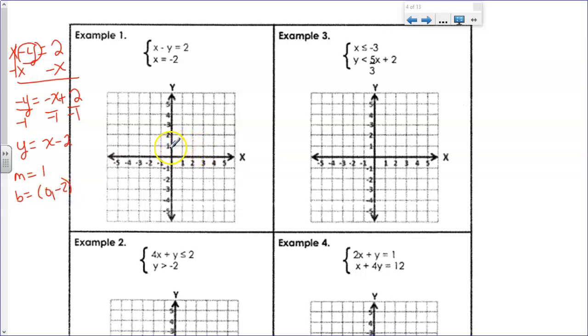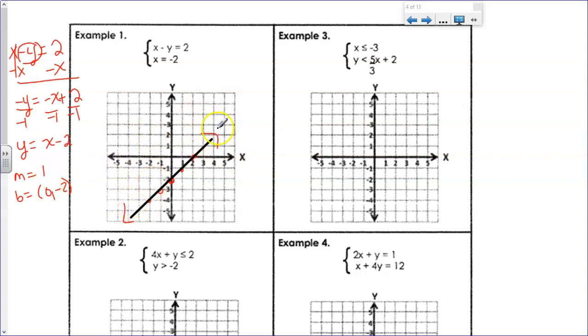So (0, negative 2) is our starting point, and then our slope is 1, up 1 over 1, up 1 over 1, or we can go down and left, and then we're going to draw our line and put our arrows showing how far it goes.